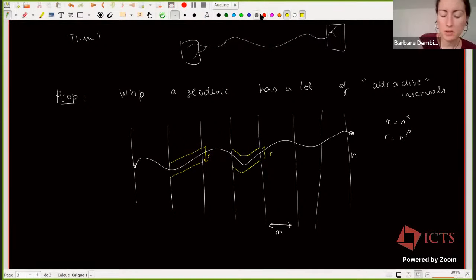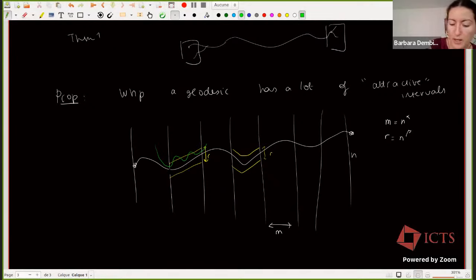So what is the definition of an attractive interval? An attractive interval is an interval such that if you have a geodesic that stays along this tube most of the time, then it is not possible that this geodesic does not intersect it.